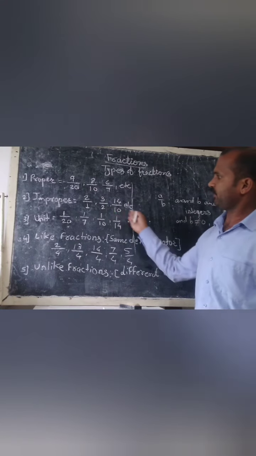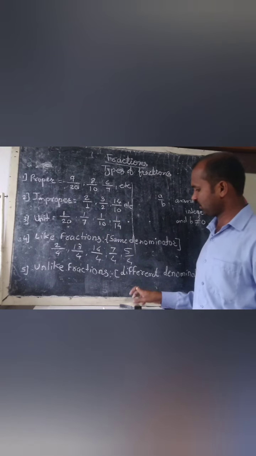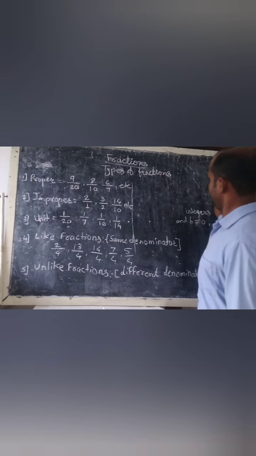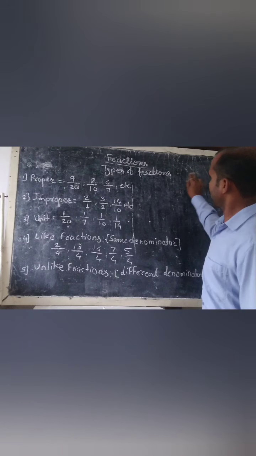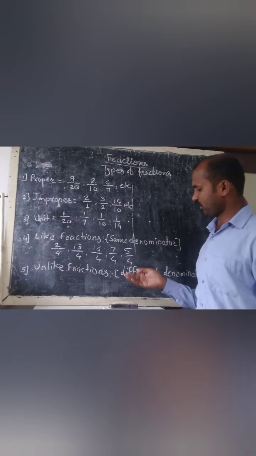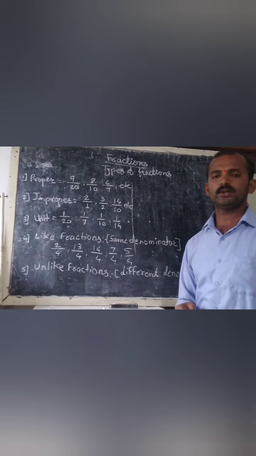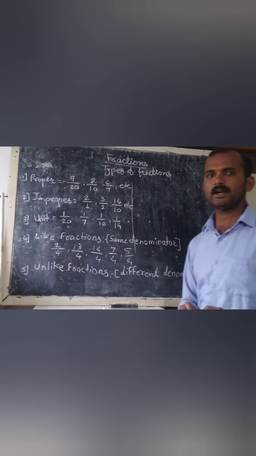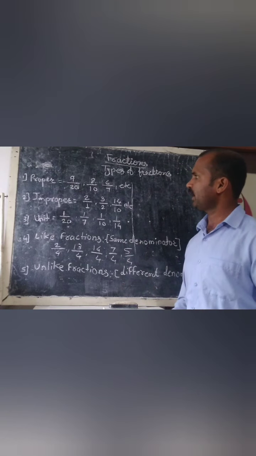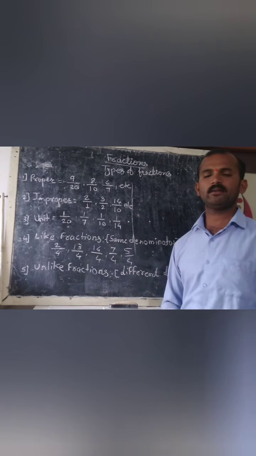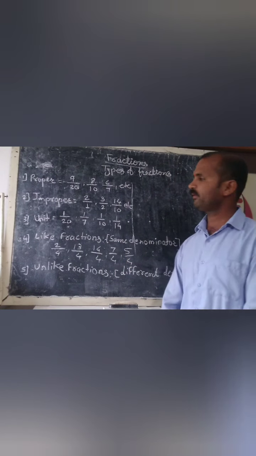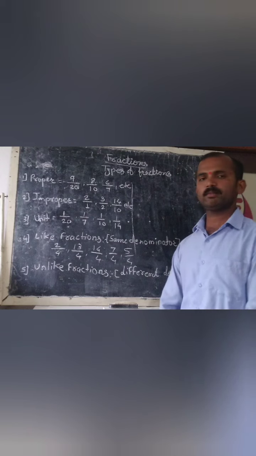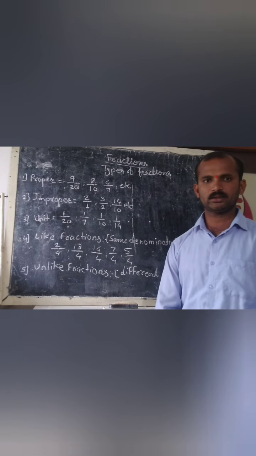So here are the different types and examples of the fractions. In the previous video we have seen proper fraction, improper fraction, unit fraction and mixed fraction. Now let us revise. I have given some homework of writing five examples of each type of fraction.